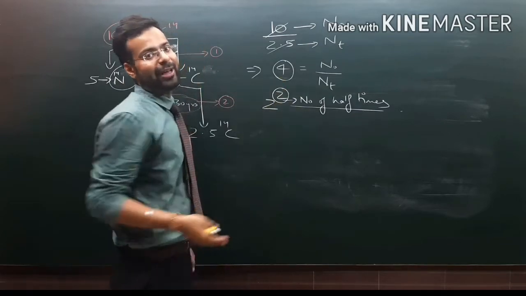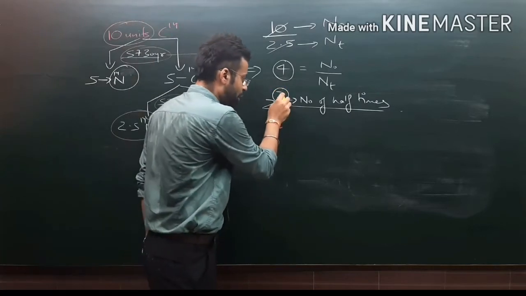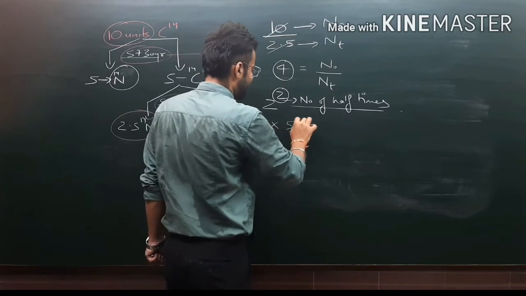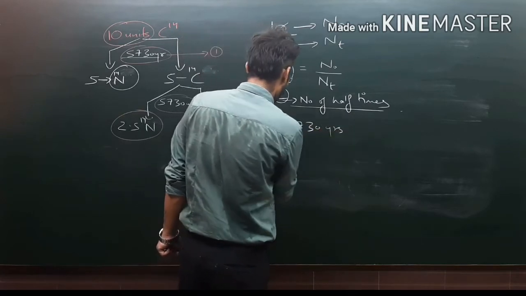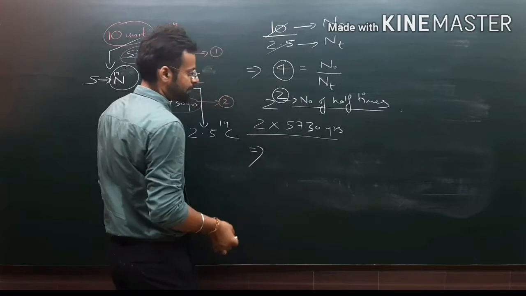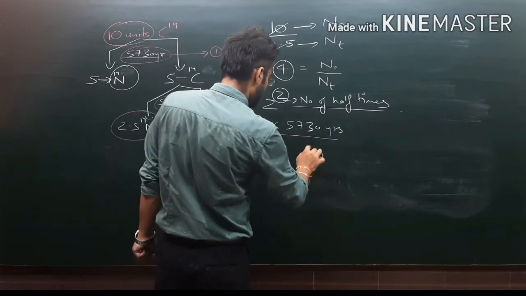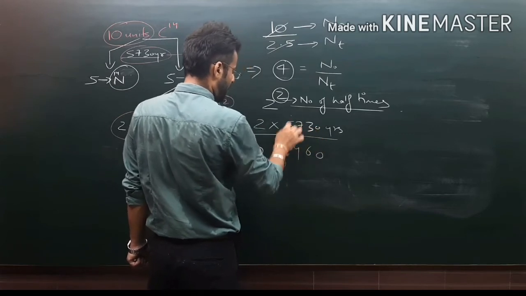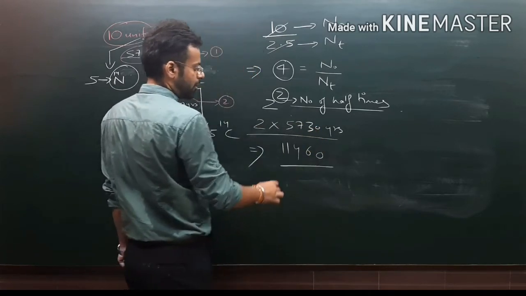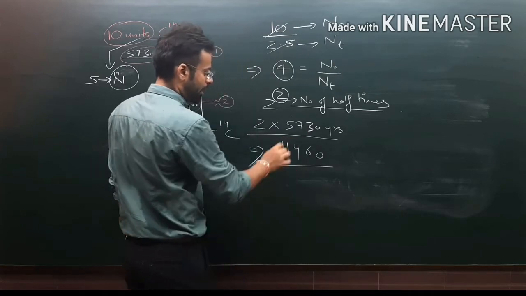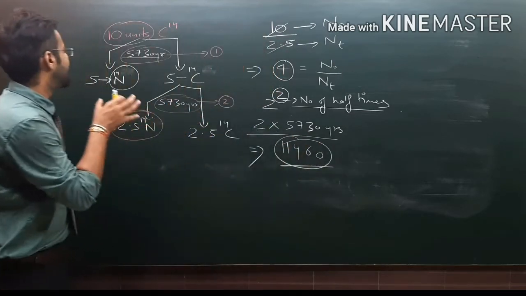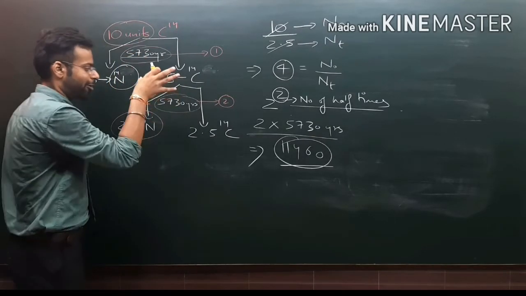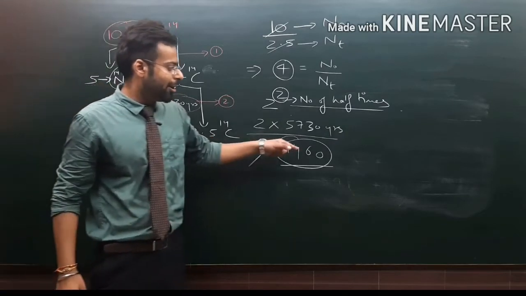So twice the half time has passed. Now, we multiply this 2 by 5730 years, and we get 11,460 years. So 10 units of carbon 14 decay into 2.5 units of carbon 14 in 11,460 years.